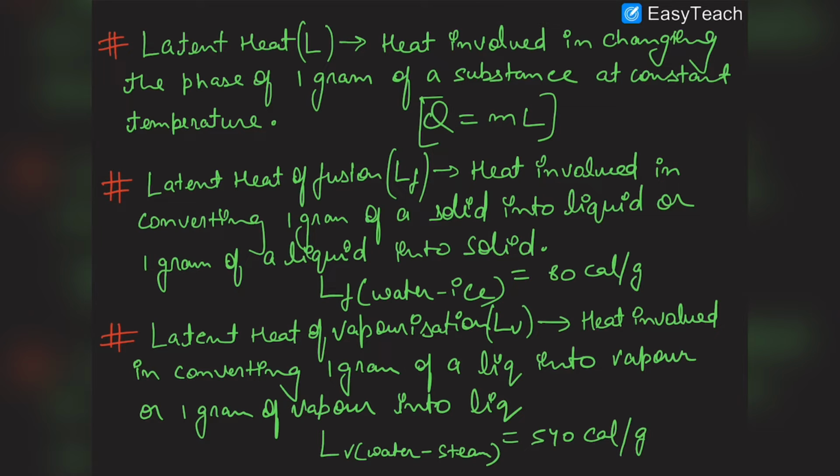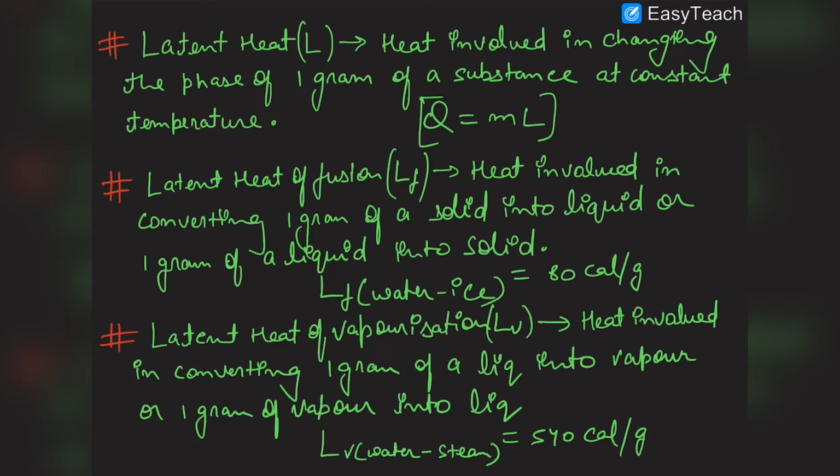So now we are discussing the latter one, in which we are changing the phase of the substance. So you should always remember that whenever the phase changes, the temperature of the substance remains constant, obviously, because all of the heat is being utilized in changing the phase only. And whenever the temperature changes, the phase does not change.